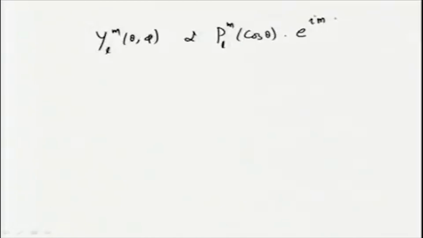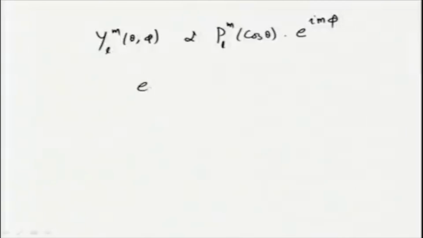And what about Y l m theta phi? What does it go into under parity? Just note that this is proportional to the associated Legendre polynomial as a function of cos theta times exponential i m phi. These are the theta and phi dependence of the spherical harmonics Y l m.